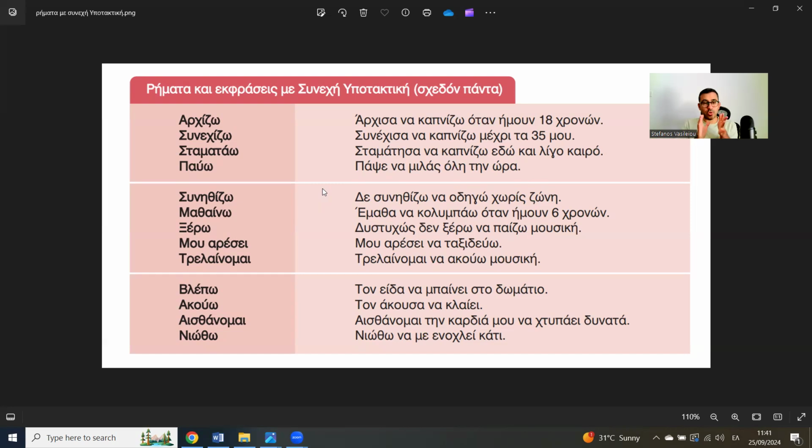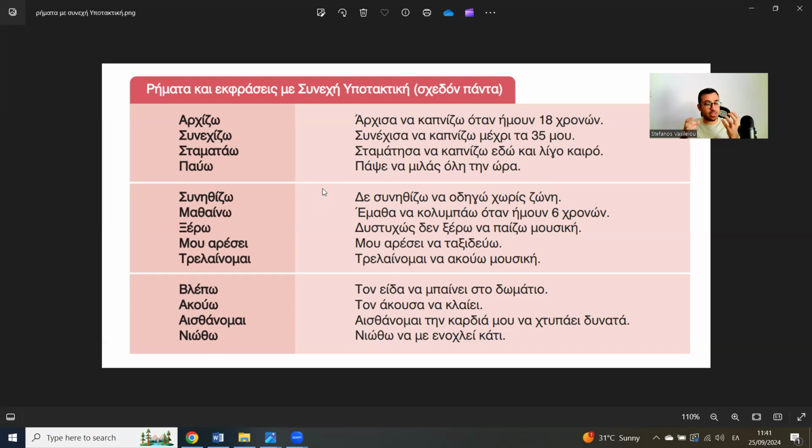So here I want to make a pause and explain one thing. When I say repeated action and single action stem, subjunctive, some other teachers or in some textbooks, you might find it like the subjunctive of the present simple and the subjunctive of the past simple. It's all the same.